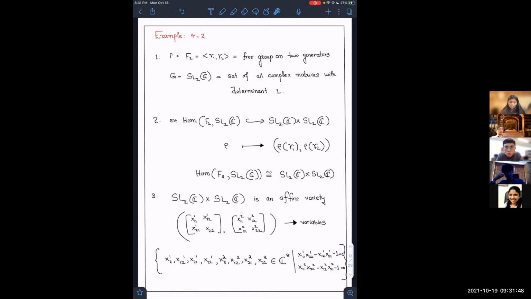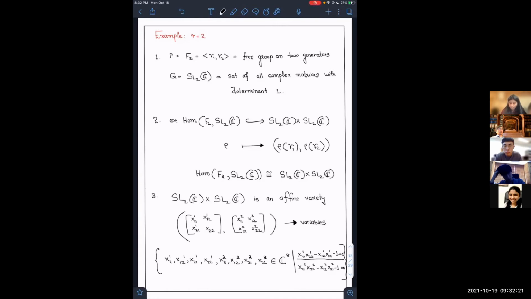In the first coordinate, for example, all we want is the set of all possible values for each of these x_ij's such that this equation is satisfied. This polynomial. So we basically want all quadruples of complex numbers such that this equation is satisfied.